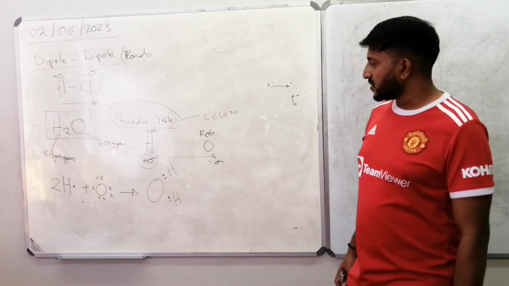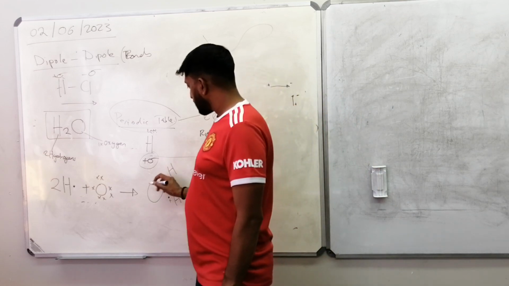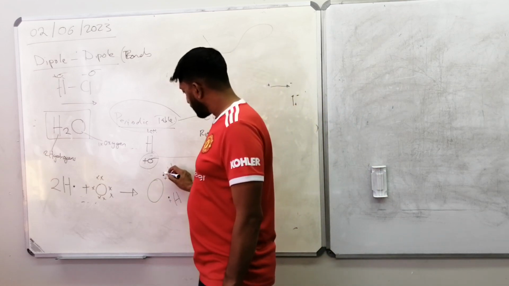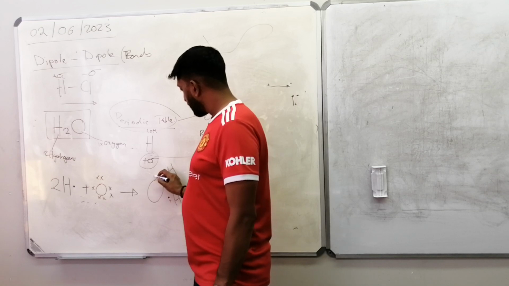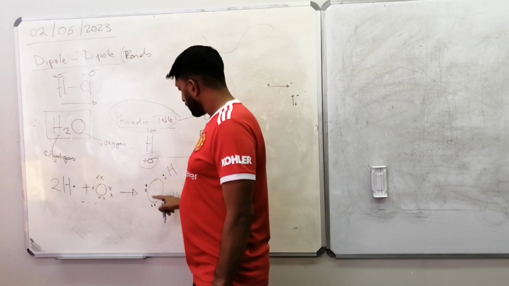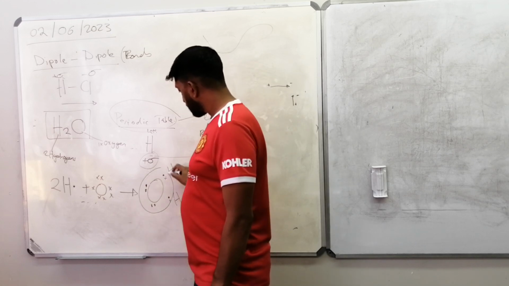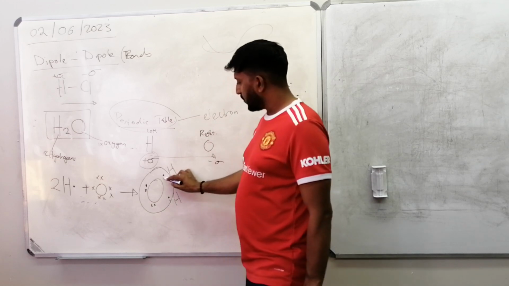So over here, if we're looking at this bond, remember around this oxygen, we still have to draw the other. We've got 2 here, then we'll have another 2 here, another 2 here. 2, 4, 6, 8, and it satisfies the octet rule there. And then we've got a bond there.